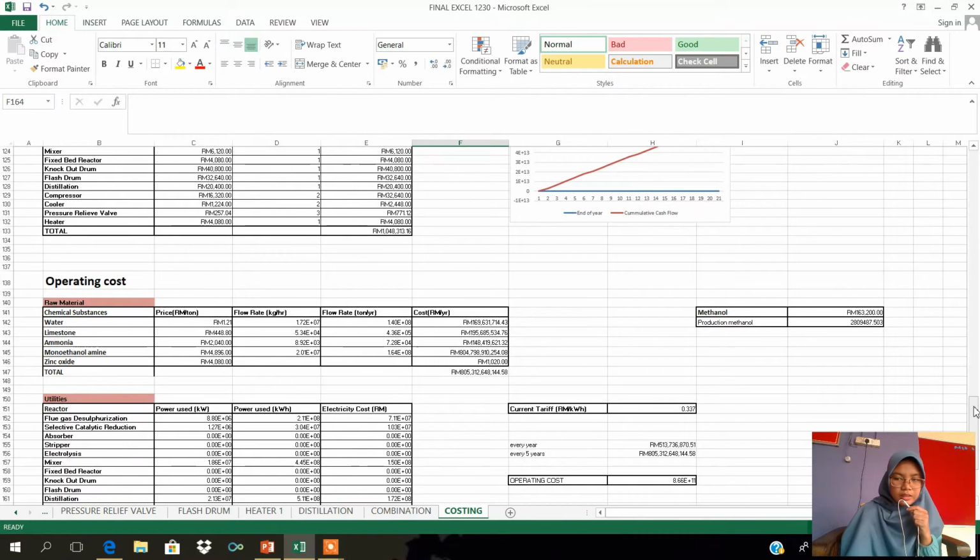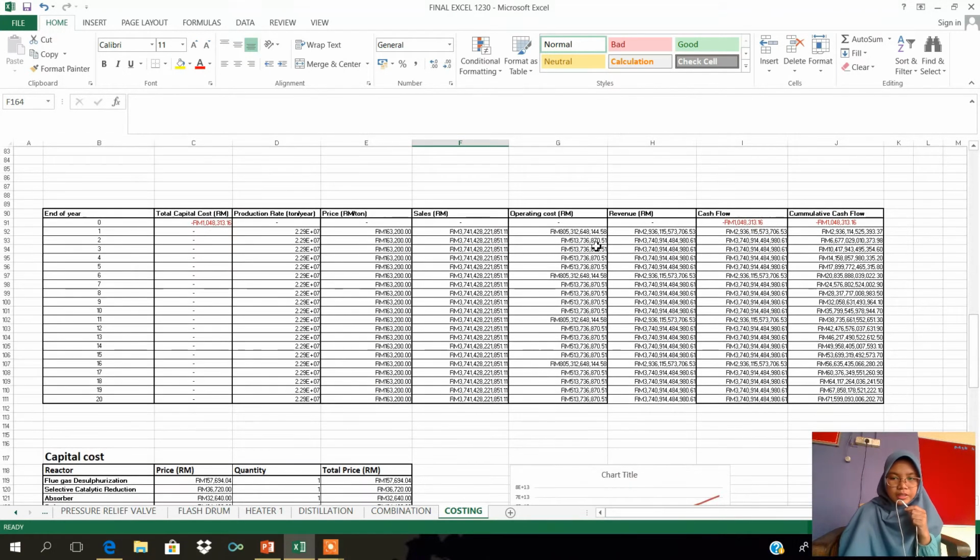When we put this in the box that we made before, the capital cost is a negative value. And for the sales, when the operating cost is subtracted from the sales, we get the revenue, which is almost 2 trillion.